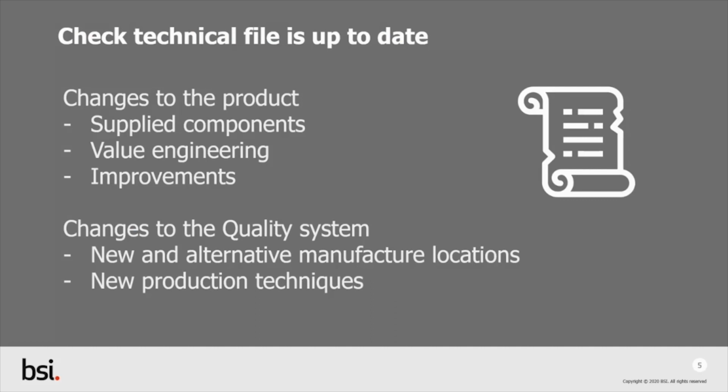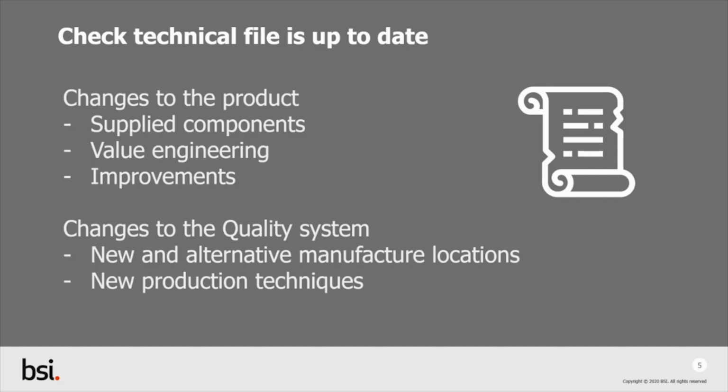For holders of existing CE certification, the technical files that you're adapting for UKCA may be quite old. It's possible that since your last certificate application, your situation may have changed or technology may have moved on. To give some examples, your product may have changed slightly due to supplied components, value engineering, or other improvements.